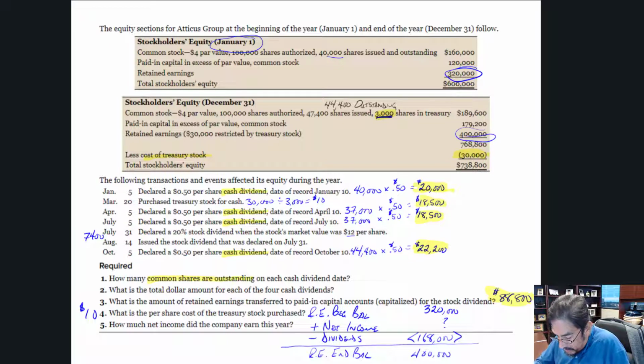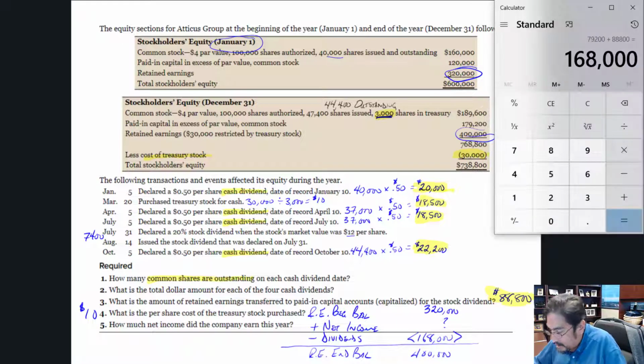Okay, so let's see what we got. We've got a beginning balance of $320,000 minus our dividends. So $152,000 is our balance without considering net income. Our real balance is $400,000.